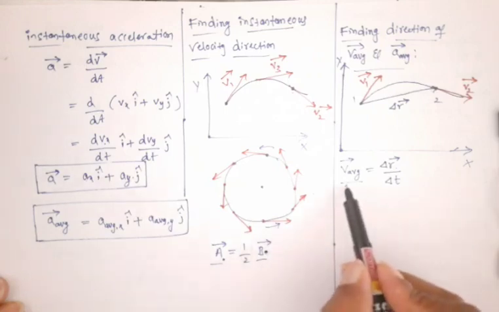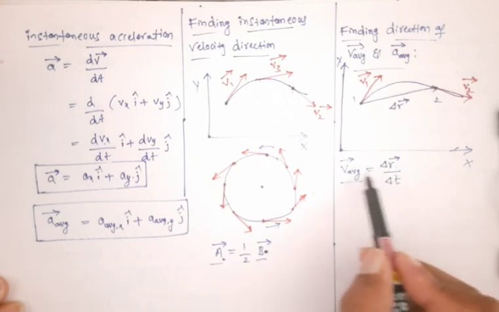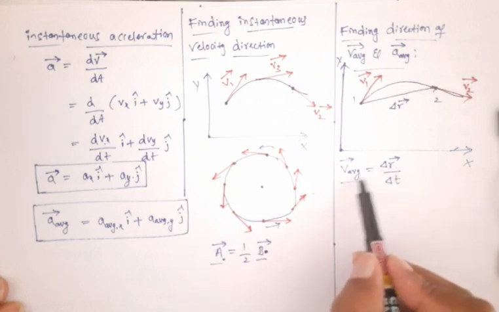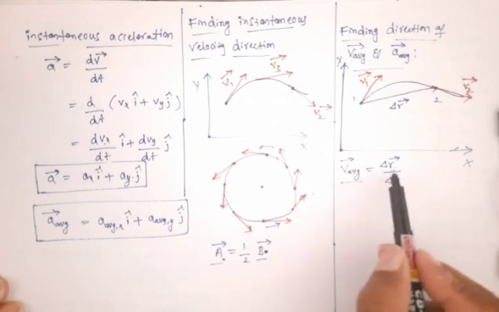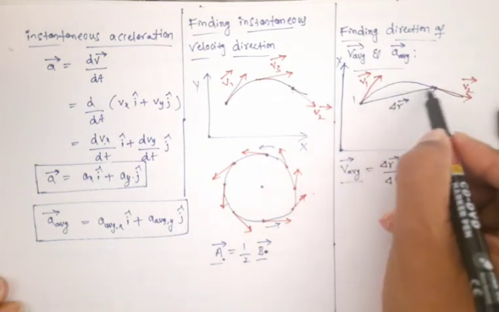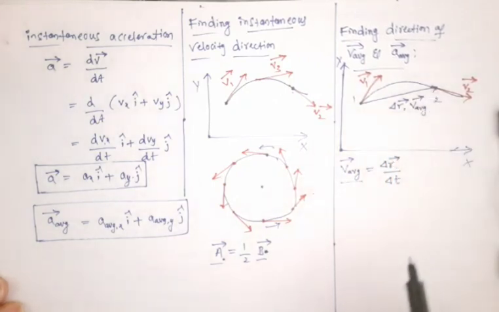This equation also looks the same. 1 by delta t is a scalar. When a vector is multiplied with a scalar, we get another vector. These two vectors, delta r bar and v average, are parallel to each other. That means if the delta r bar direction is this one, the average velocity also has the same direction as delta r bar.